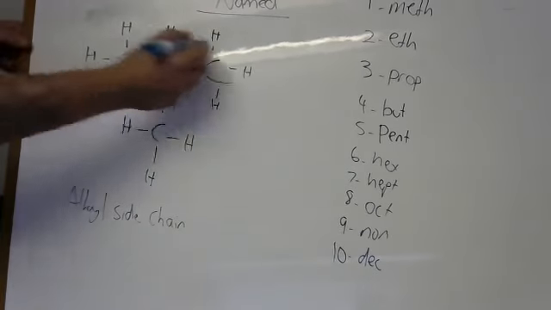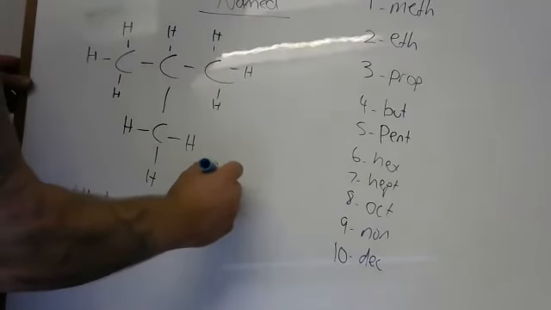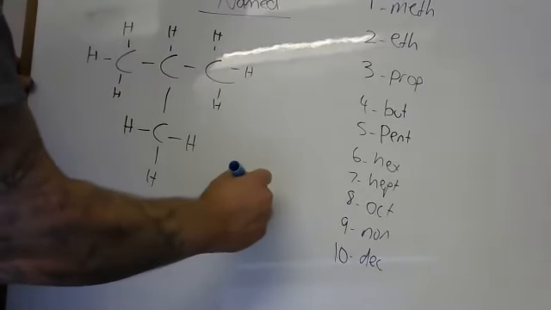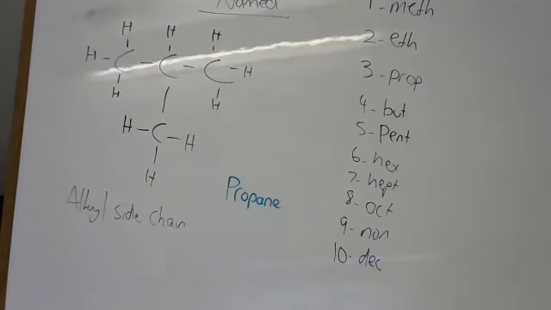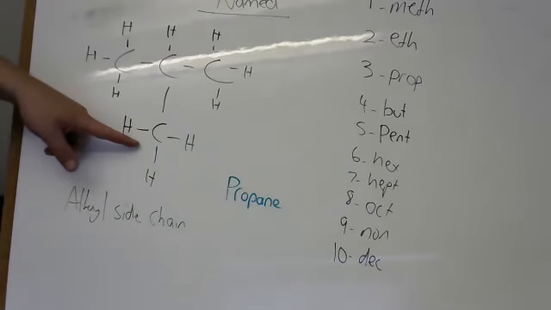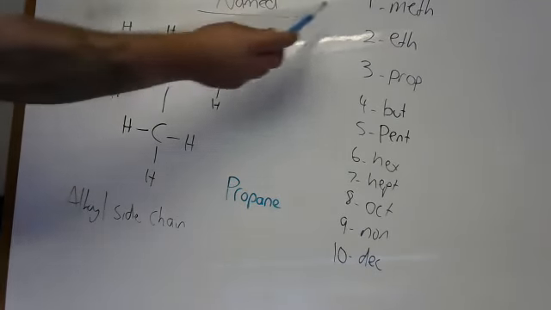So the parent chain here is 4. How many carbons here? So meth.